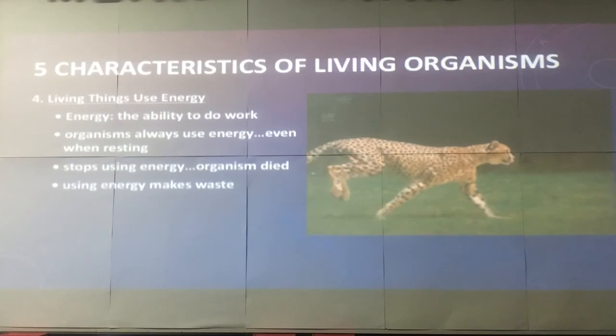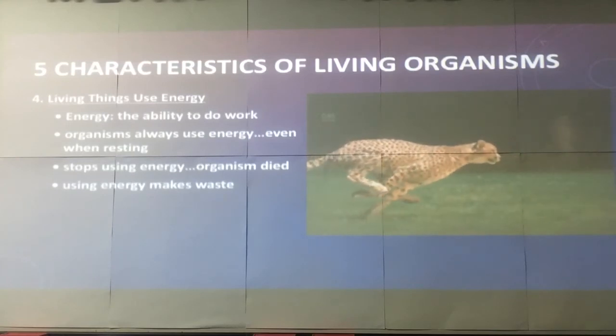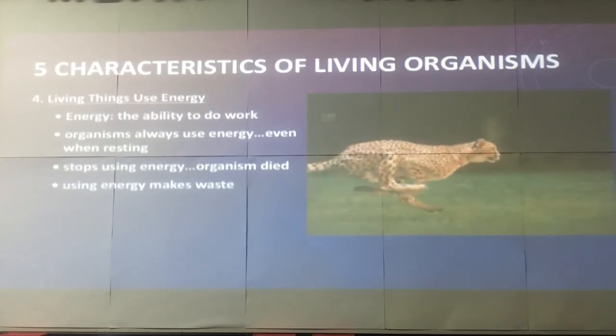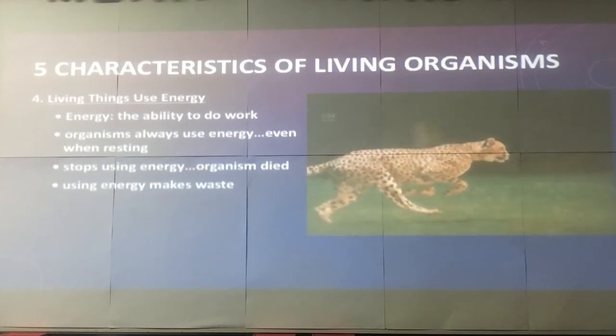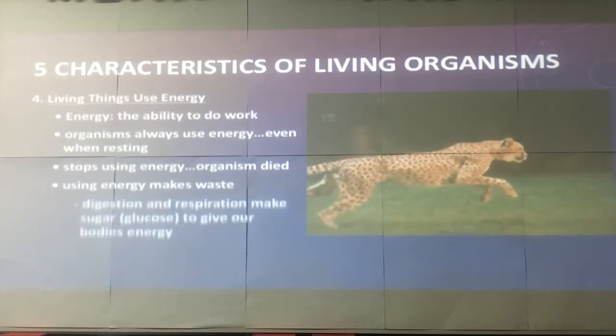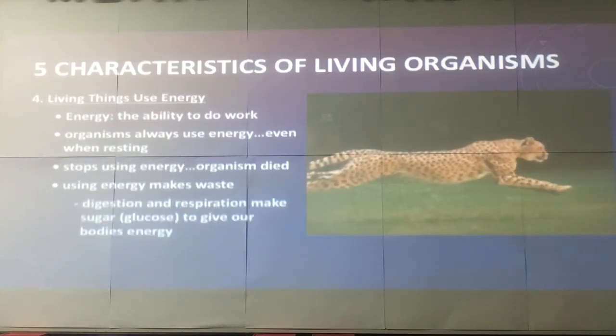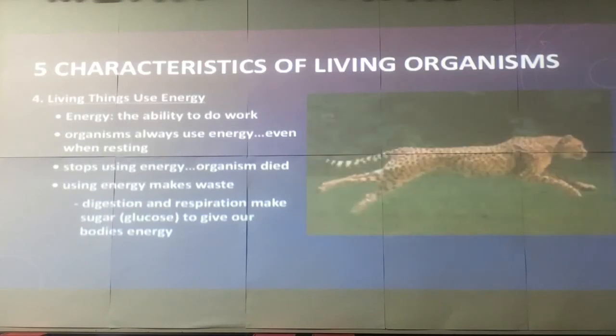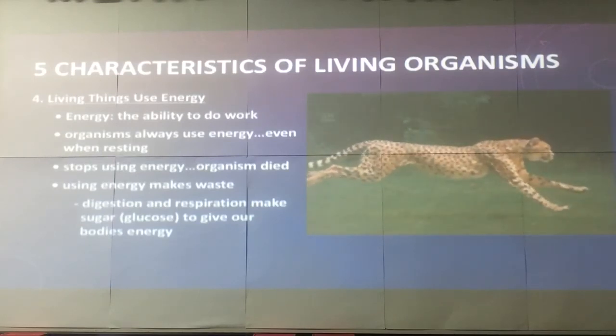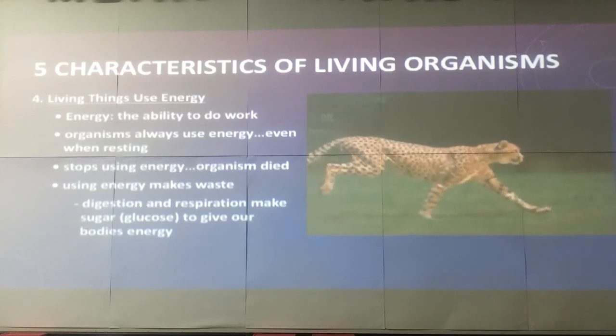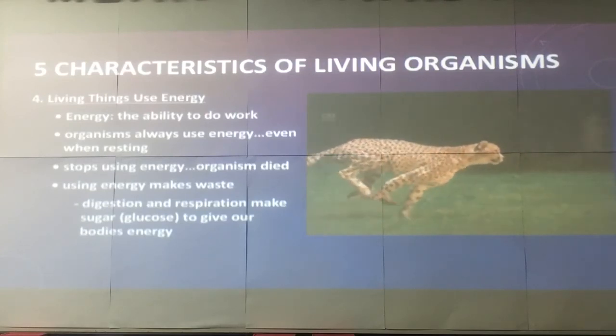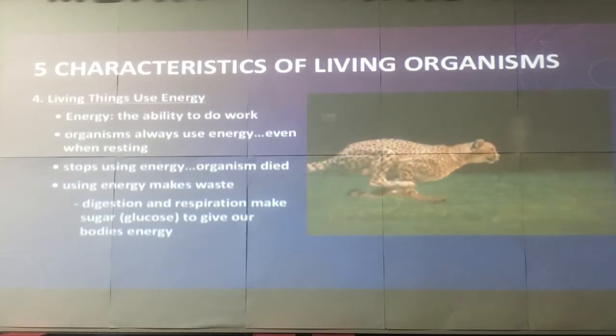And when an organism uses energy, it will make waste. And there's two ways, for instance, animals and people make waste. Through digestion, eating food, and respiration, breathing in oxygen, the combination does a chemical reaction in your body and makes glucose or sugar to give your body energy.